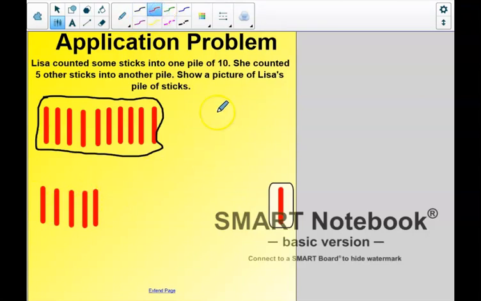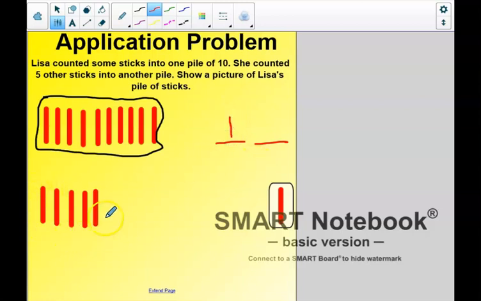A little bit later, we're going to start learning about something called place value. And the place values that I want to focus on today are the tens place and the ones place. So there's going to be 2 places. Okay? How many tens do we have? Just 1. So we have 1 ten.